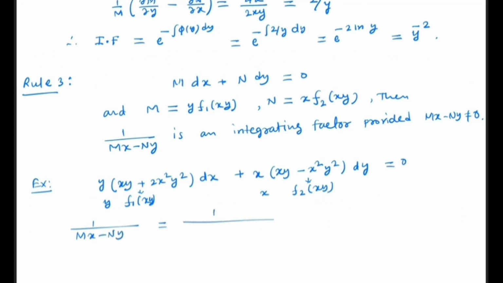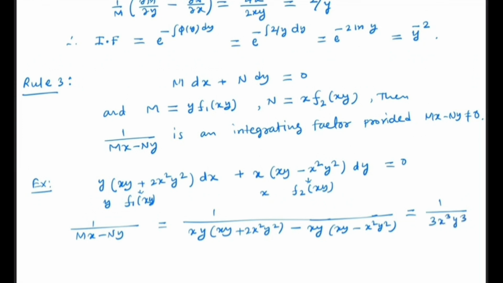If we calculate this, we have 1 by, what is M? y(xy plus 2x squared y squared) x minus N y, so we have xy(xy minus x squared y squared) y. And if we simplify this, we will get 3x cubed y cubed. So the integrating factor is 1/(3x cubed y cubed).